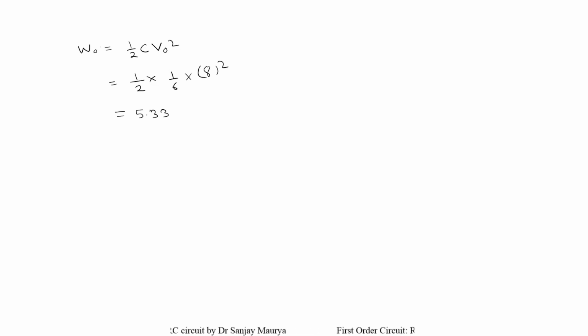W naught will be half of C V naught square, where C is equal to 1 by 6 and V naught, which we have already calculated, is 8, squared, giving 5.33. In the next video, we will consider the case of the source free RL circuit.